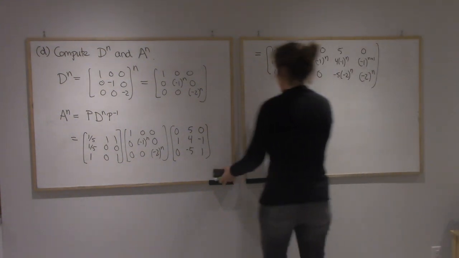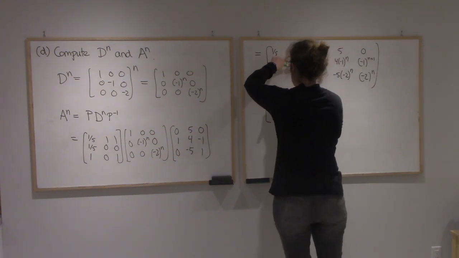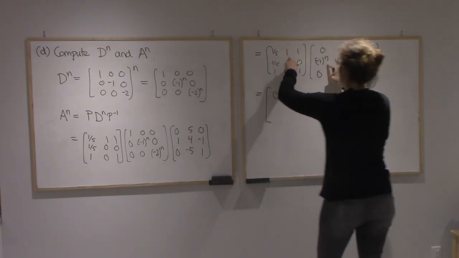Alright, so we multiply it out again. Here I'll get minus 1 to the n.